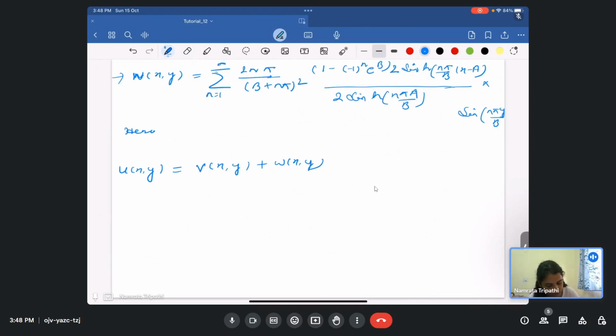So this is the solution. Just put the values of v and w, you will get the required solution for u, where x is from 0 to a and y is from 0 to b. Fine. Is there any doubt in this question?